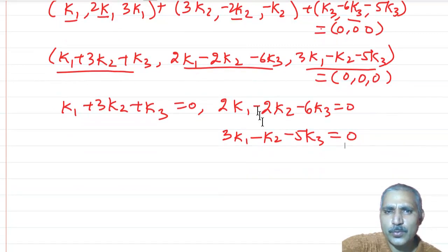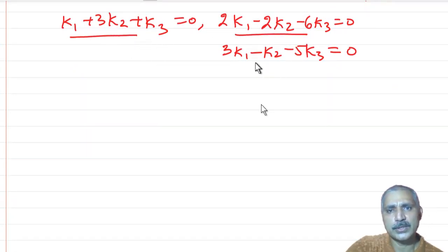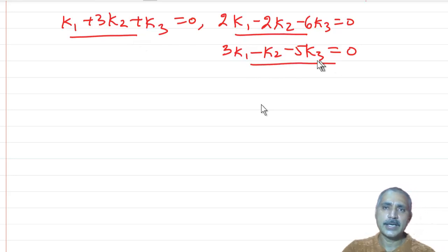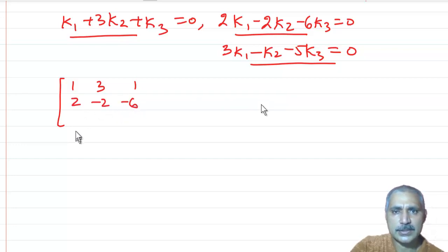Now we will be solving these equations. We are having equation number 1, equation number 2, and equation number 3 in three variables. So we will convert that into matrix format. It is going to be 1, 3, 1. Second row elements, 2, -2, -6, and third equation says it is 3, -1, -5.